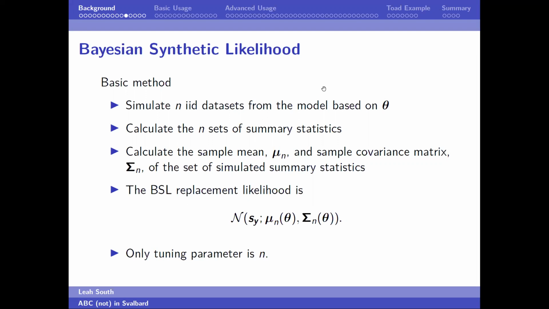Okay, so BSL, the basic idea, the structure looks similar to ABC. You start by simulating n IID datasets from the model based on theta. You calculate the n sets of summary statistics, and then rather than using that non-parametric approximation, you're going to use this normal approximation where you've estimated your sample mean and your sample covariance from your set of simulated summary statistics.